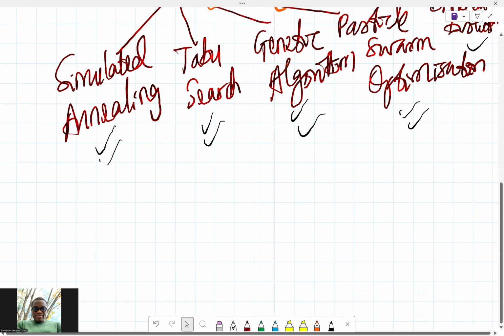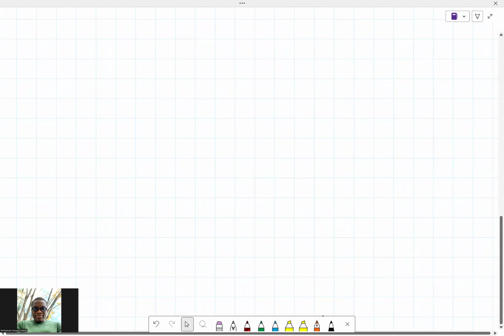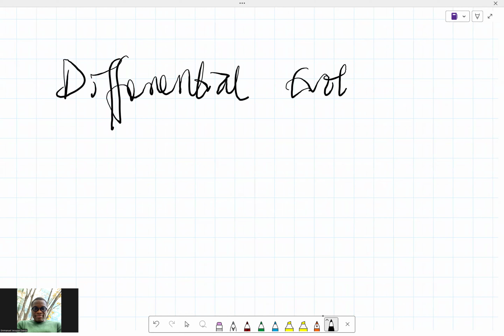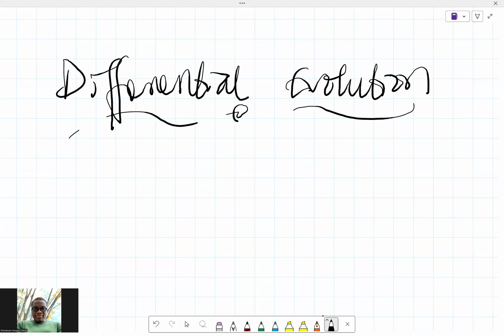Now the focus is on differential evolution. For a lot of people, this might just be a new concept.